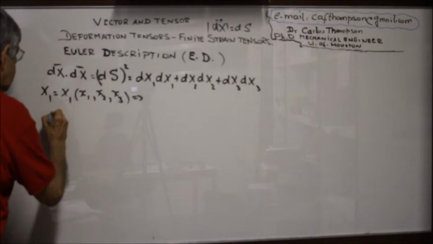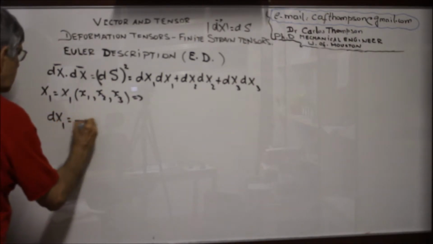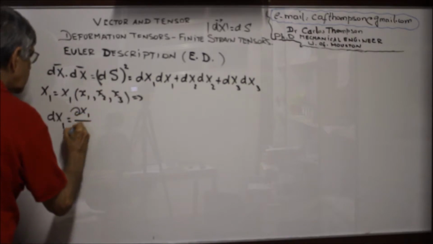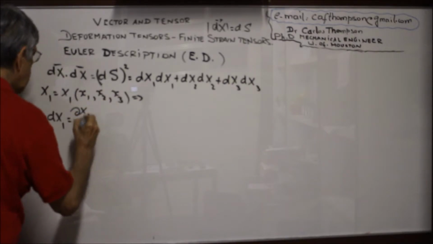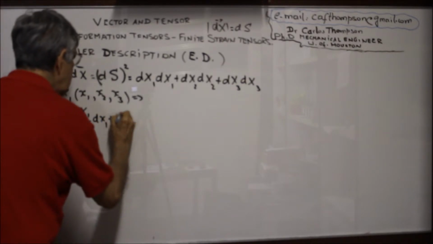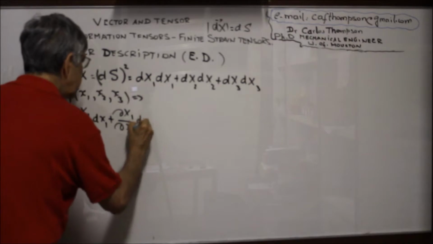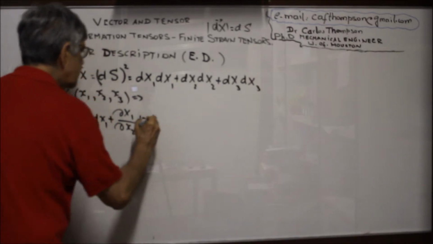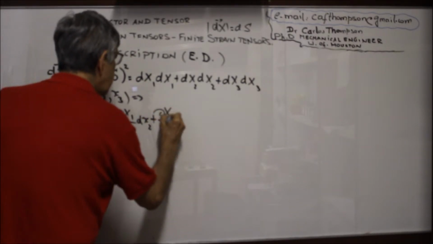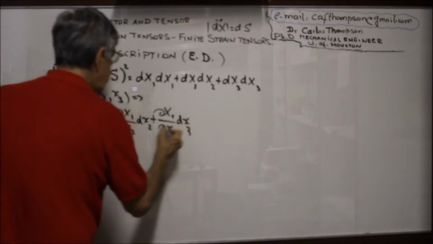So dx1 is equal to the partial of x1 with respect to small x1 dx1, plus the partial of x1 with respect to x2 dx2, plus the partial of x1 with respect to x3 dx3.